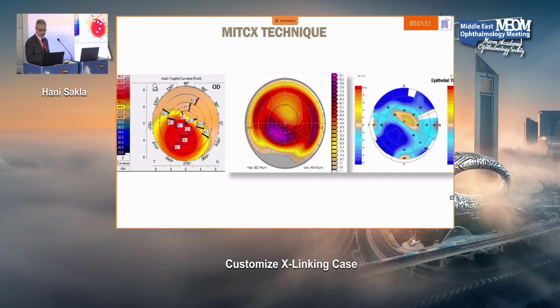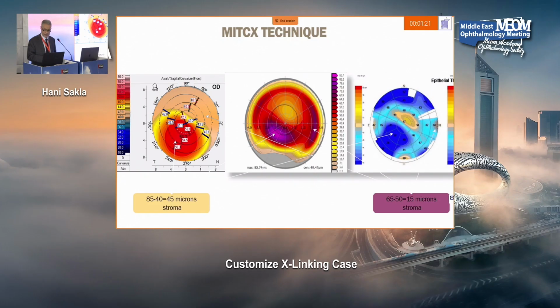Here we can see the treatment plan, that in the apex of the cone we are going to ablate 45 microns from the stroma. And here, we subtract the epithelial thickness from the ablation profile. This is the ablation in the stroma, while in the periphery, we will remove about 15 microns.